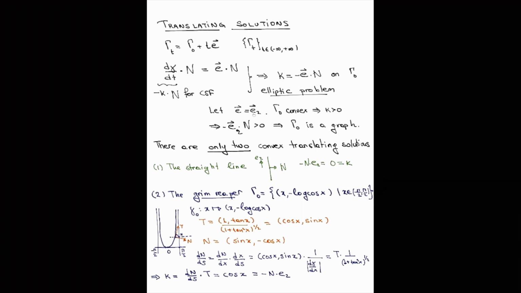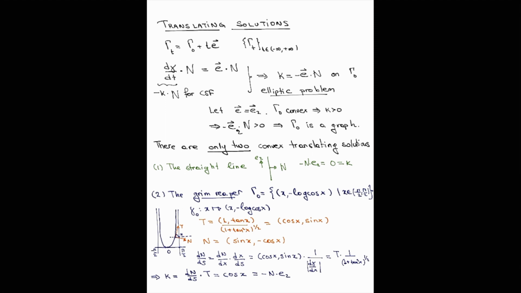Okay. So to start computing something, let's set E to be e2. We are in R2, so that's along the y-axis, and we stick with convex curves. Because my curve is convex, kappa has to be positive. If kappa is positive, e2 dot n has a sign, and therefore my curve is a graph.